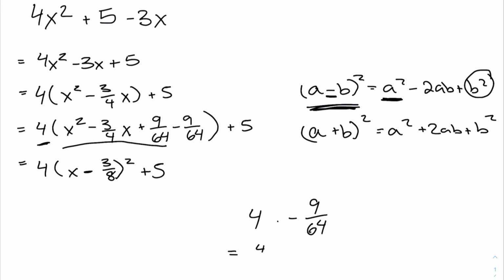So 4 is the same thing as 4 over 1. And 64 is actually 16 times 4. So what we can do is cross out these 4's because we would be multiplying by 4 and dividing by 4. So what we're left with is negative 9 over 16. So since this is negative 9 over 16 and we've multiplied it by that 4, we can now take it outside the bracket.